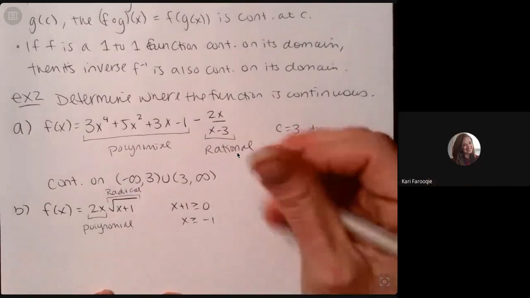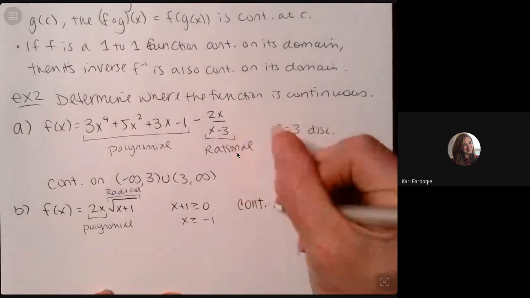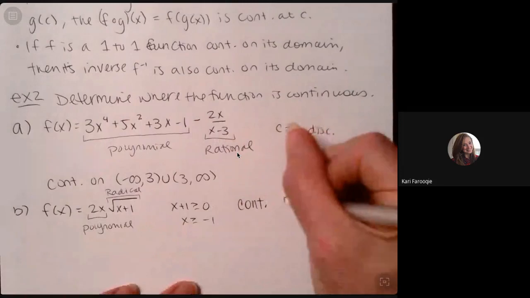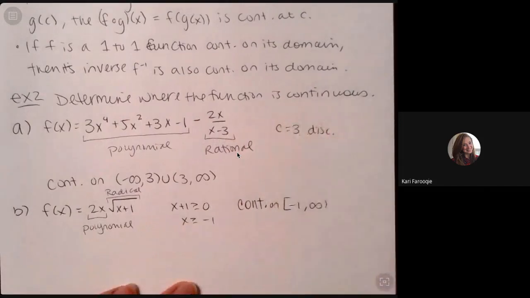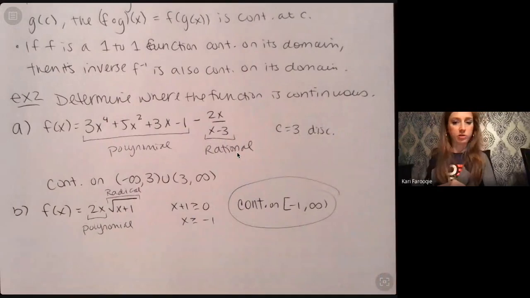So I can go ahead and say that our function is continuous for any value of x that's greater than or equal to -1. So that's the interval on which the function would be continuous.